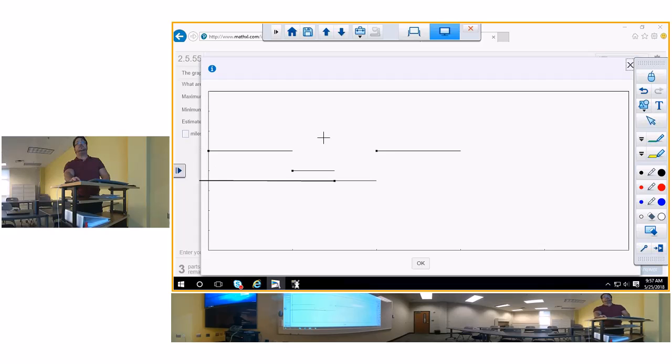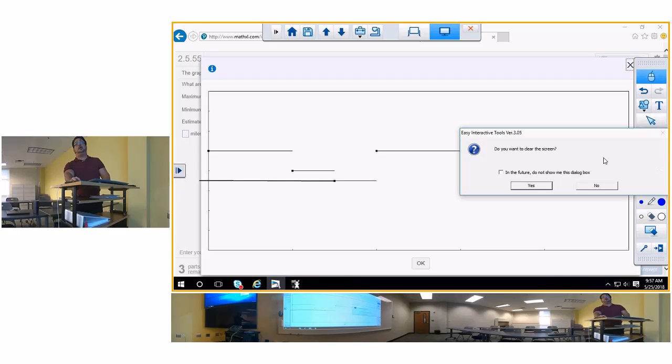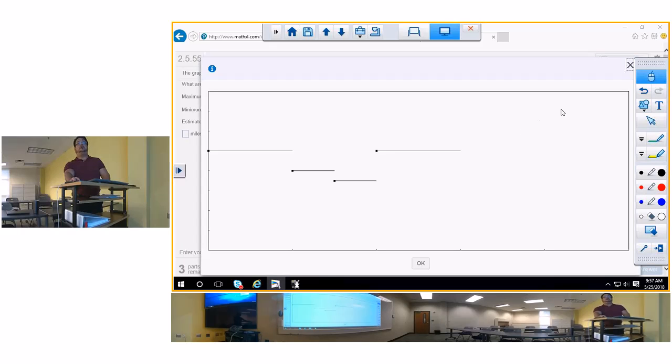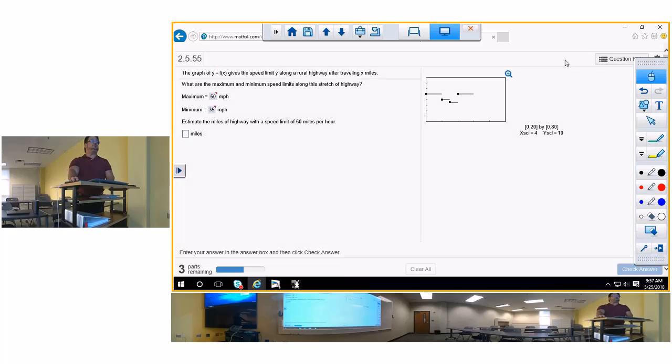Let's see what the other question says. It says, estimate the miles of highway with the speed limit of 50 miles per hour. How many miles did you travel at 50 miles per hour?